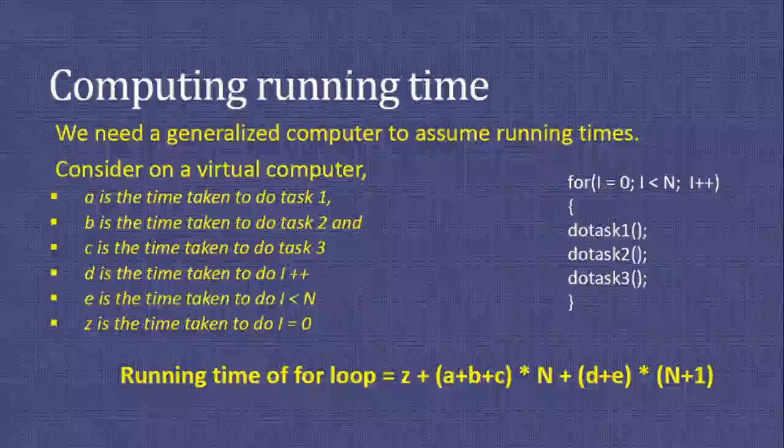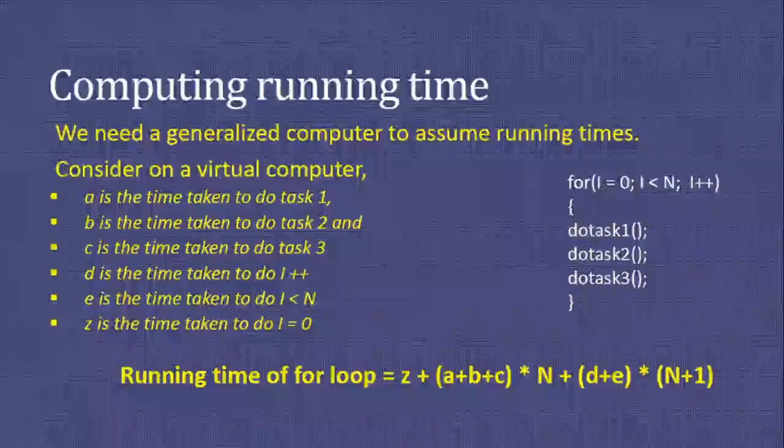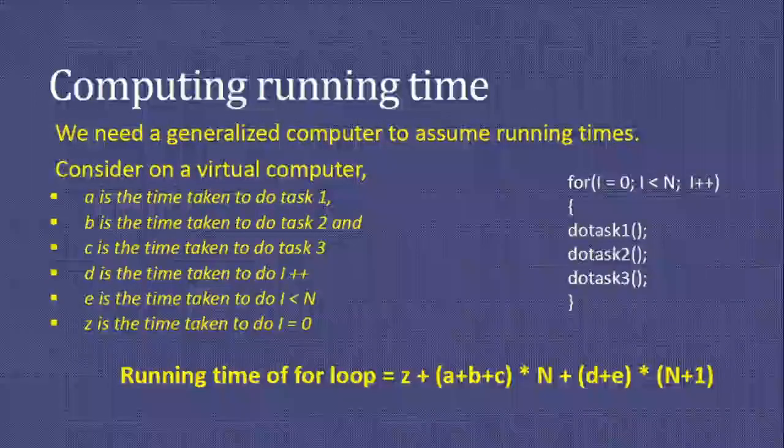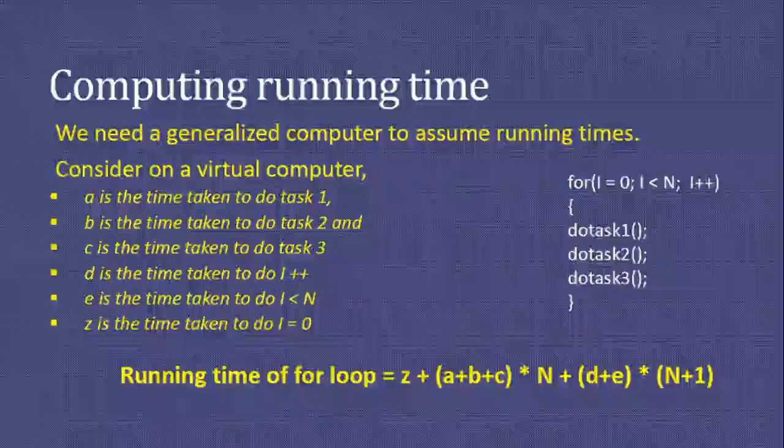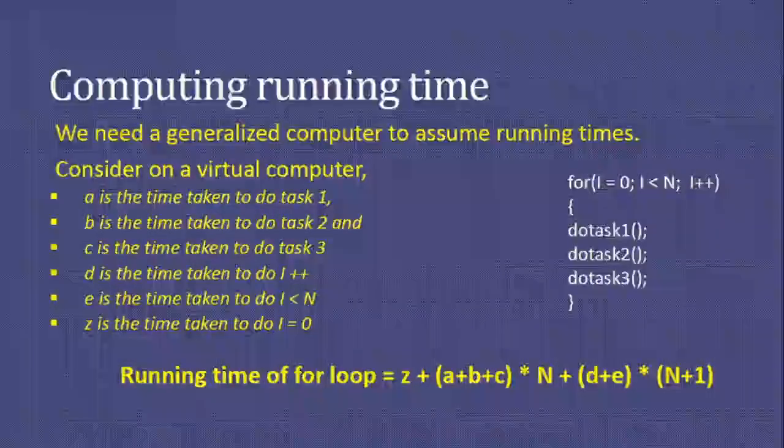So let us analyze the running time of this for loop. To find the running time, we are going to consider a virtual computer and assume that this virtual computer has infinite processing power. In this faster computer, let us consider a is the time taken to do task 1, b is the time taken to do task 2, and c is the time taken to do task 3.